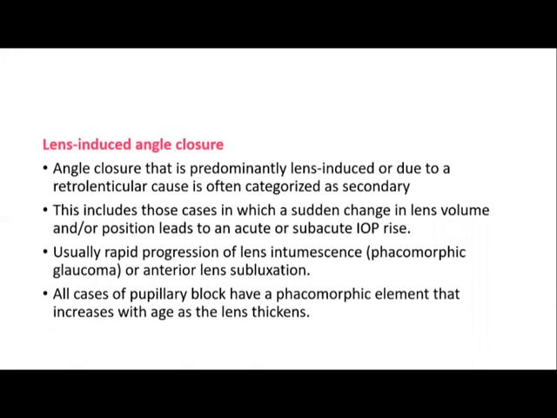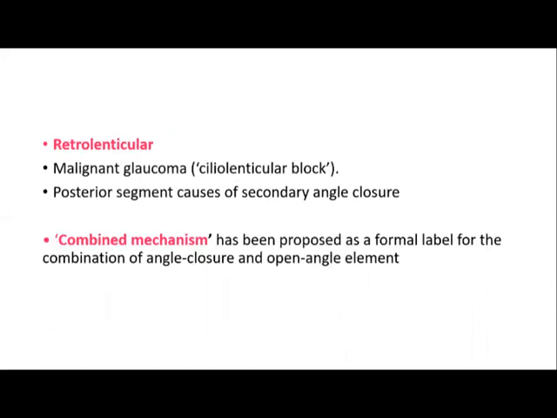All cases of pupillary block have a phacomorphic element that increases with age as the lens thickens. And retrolenticular is malignant glaucoma, and posterior segment causes lead to secondary angle closure.